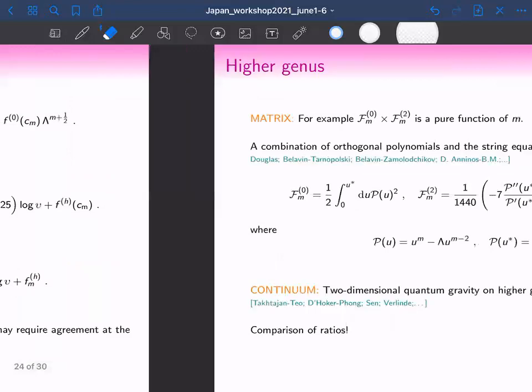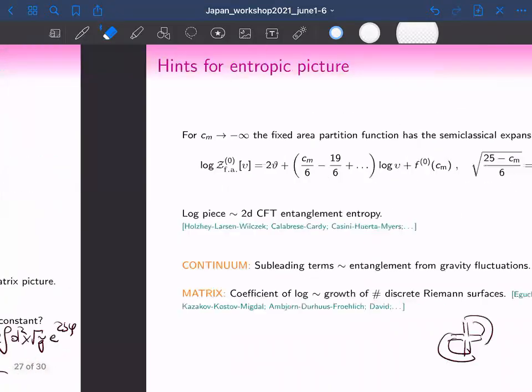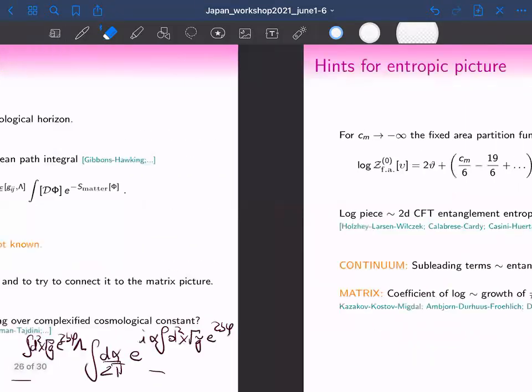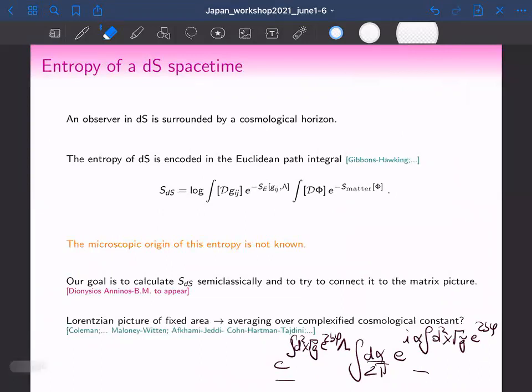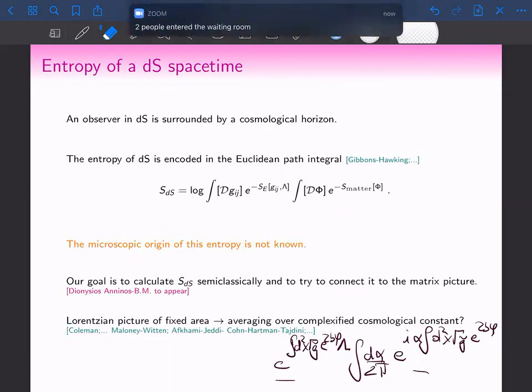We're still struggling with this a lot, because it's really not obvious how to get the fixed area constraint from a Euclidean signature to a Lorentzian signature. Complexifying the cosmological constant and averaging is one possible thing, but unfortunately there is not much more.